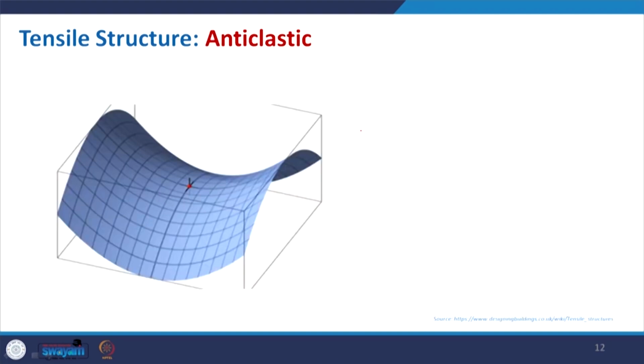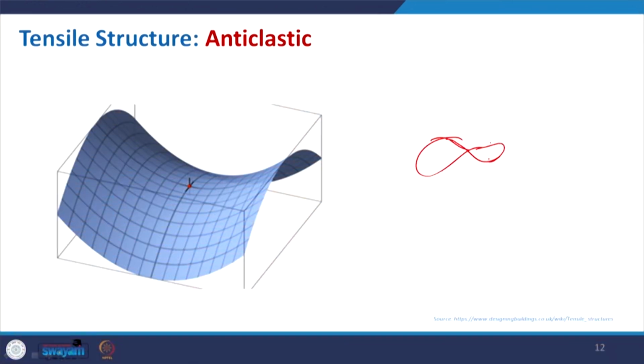Now, this is very important, the anticlastic. As I mentioned, this is basically a plane having curvature in opposite directions. You can relate it with a very easy example: if you go and purchase some potato chips, many of those chips give this particular form.